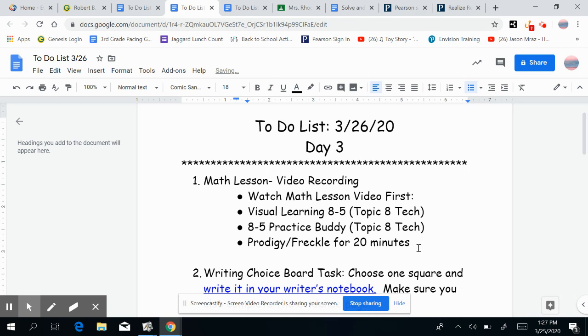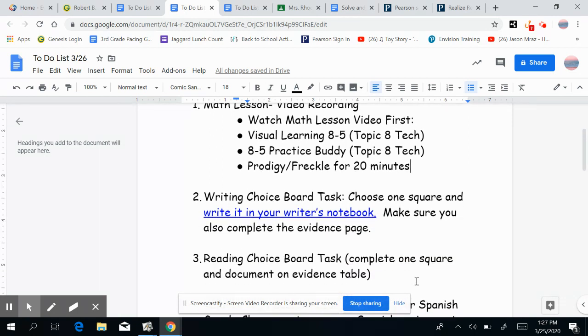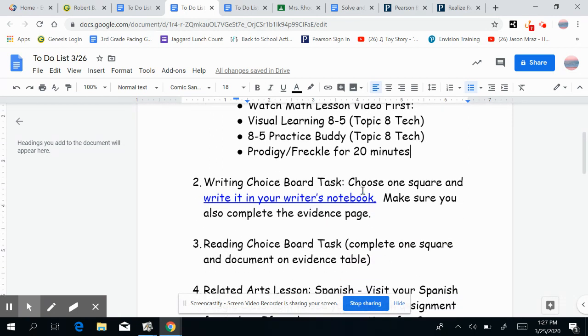And then you have your Freckle and Prodigy for 20 minutes. Then you have today's writing choice board and reading choice board. Everything for writing choice board goes in your writer's notebook. And make sure you also write a sentence in that evidence page. And then reading choice board, you want to complete and then record your evidence.